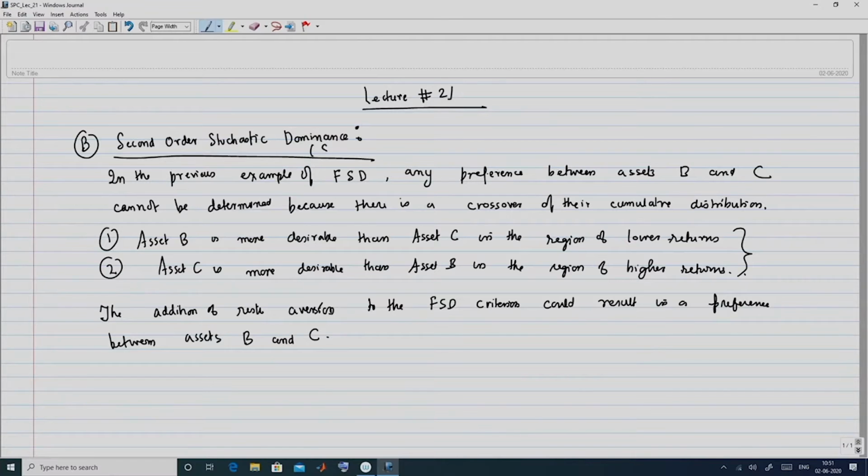So, it is the addition of risk aversion that enables us to move from first order stochastic dominance to second order stochastic dominance. So, for second order stochastic dominance we will denote this by SSD.